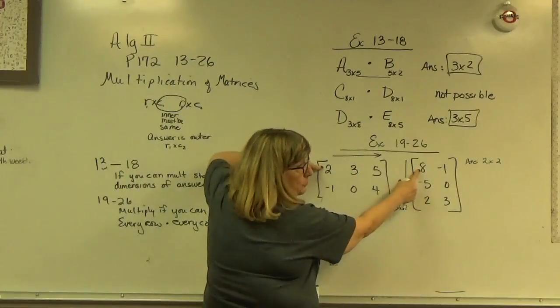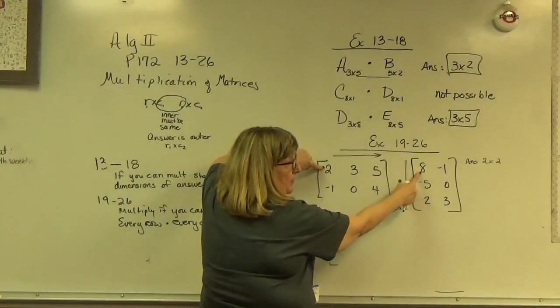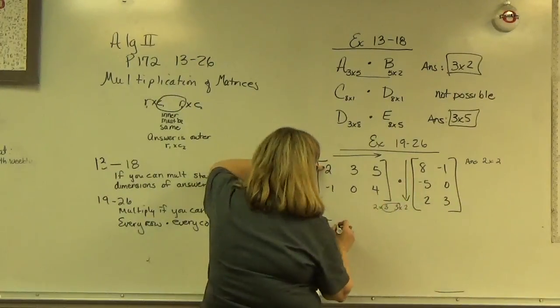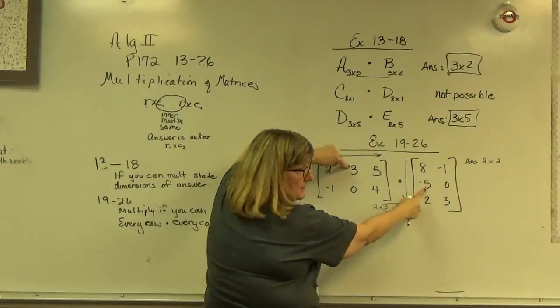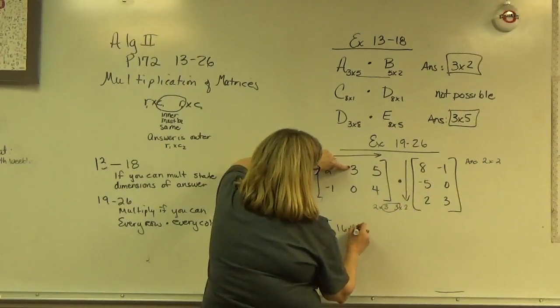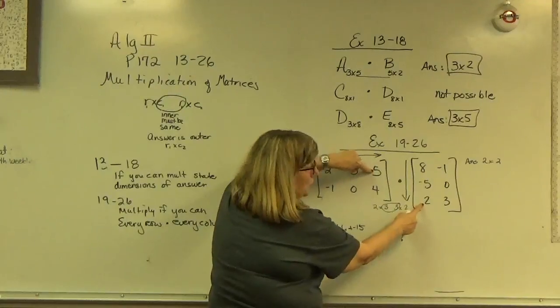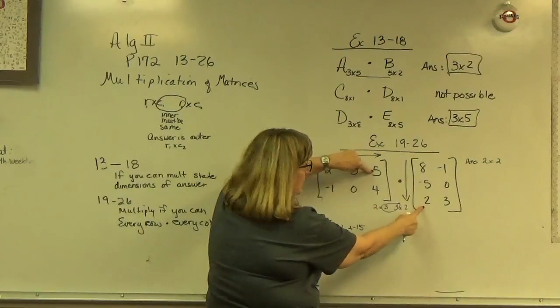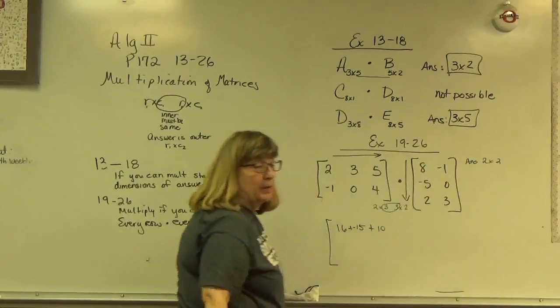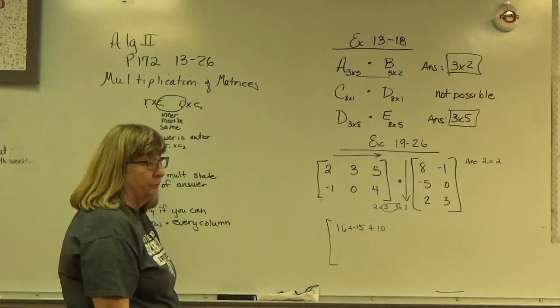You take the first position: 2 times 8 is 16. Then you move to the second position: 3 times -5 is -15. Then the third position: 5 times 2 is 10. So row 1 has been multiplied by column 1.